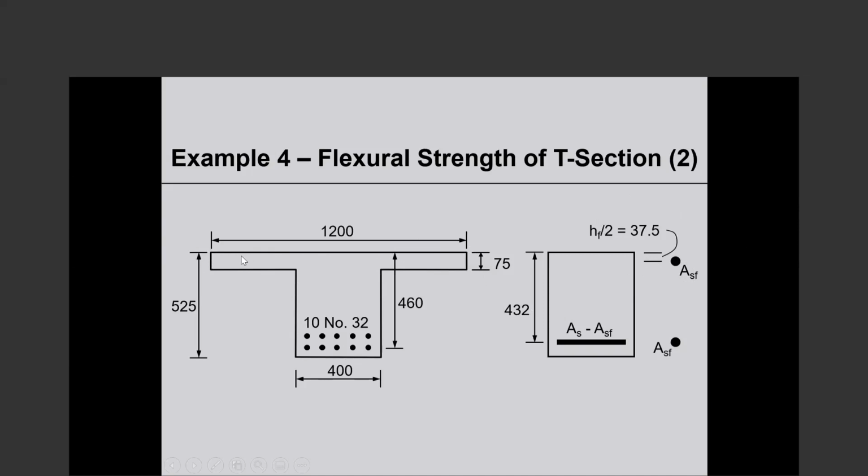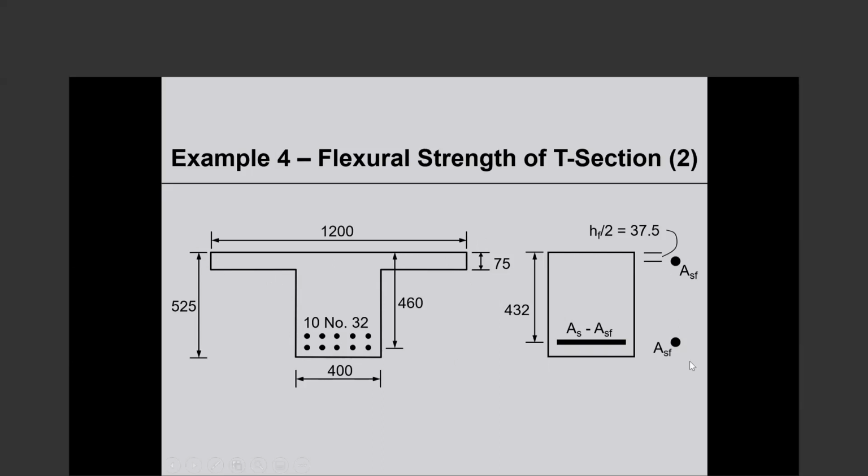The idea is the compression that is resisted by the overhanging flanges will be resisted by, how should I say, A sub SF times F sub Y, which will be equal to the compression that is carried by the concrete in the overhanging flanges. So that is a steel reinforcement area equivalent to the overhanging flanges.